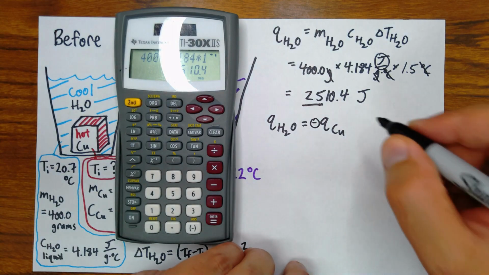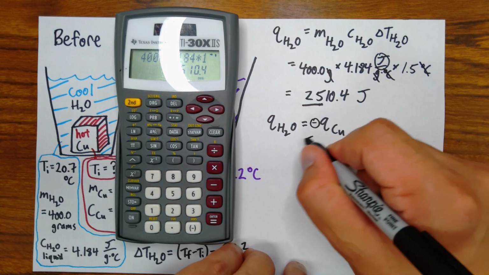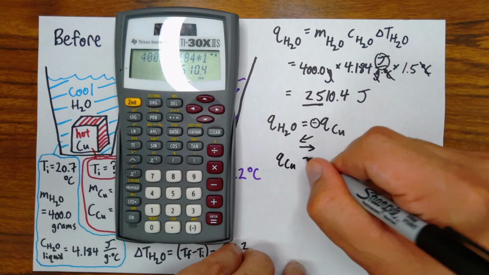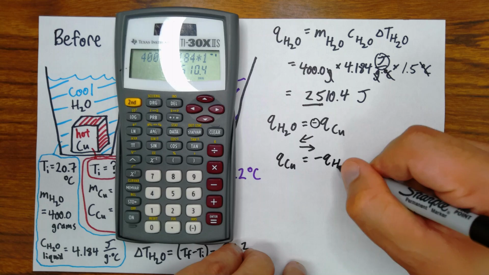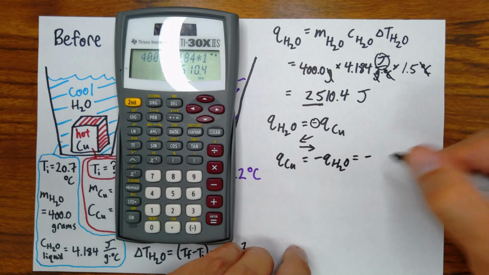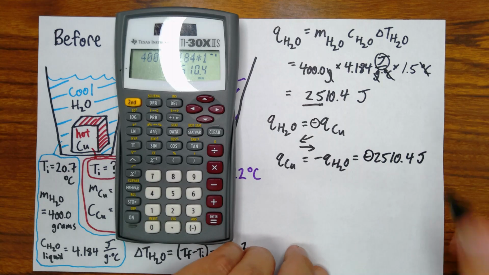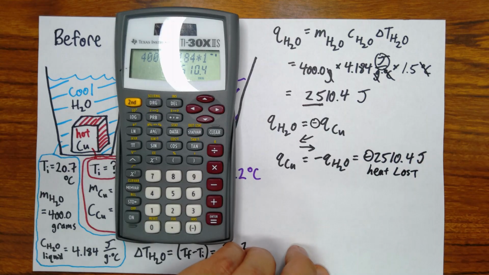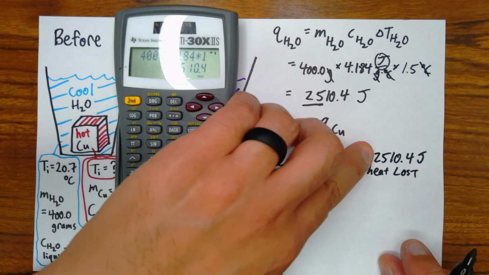Okay. So we can just rearrange this. We're going to have Q of Cu is equal to negative Q H2O. So negative 2,510.4 joules. Okay, wording is annoying.